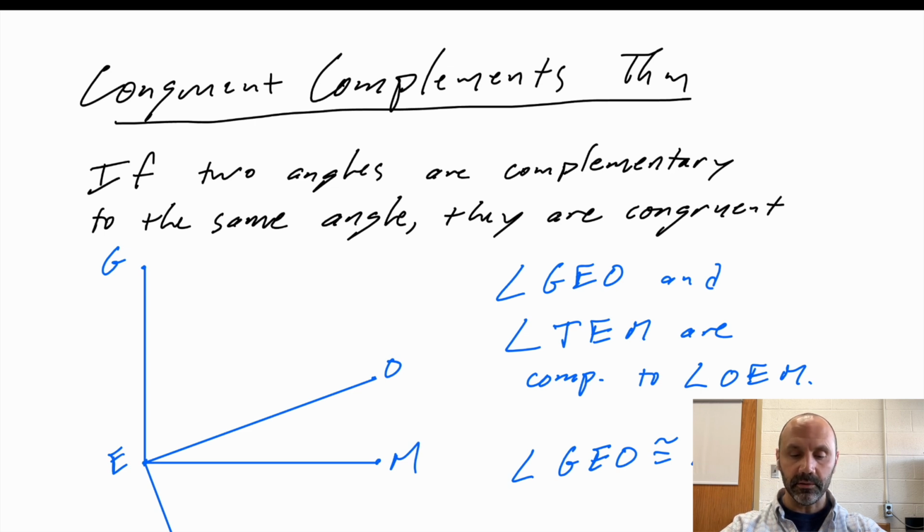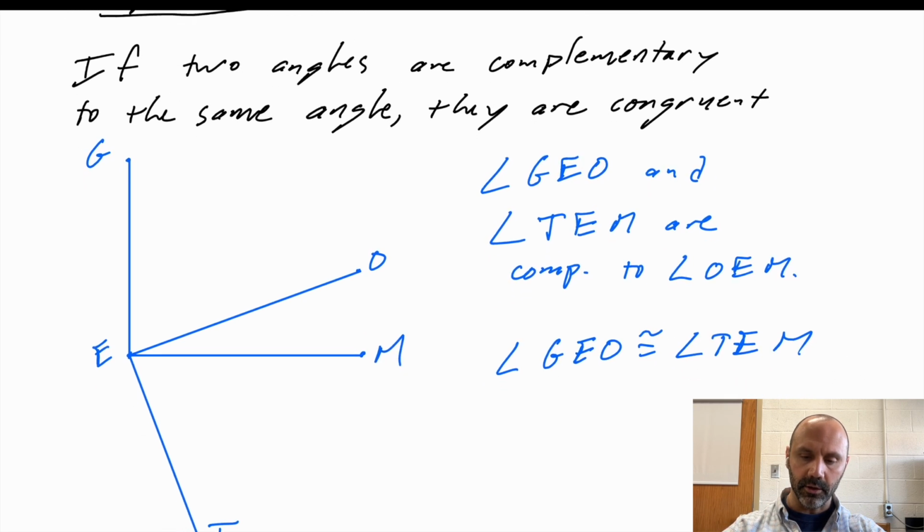So anyway, if two angles are complementary to the same angle, by the way, there's a difference between complementary, as it's used here, with the two E's, as opposed to complimentary with an I, the comments that you make. So if two angles are complementary to the same angle, then they are congruent.